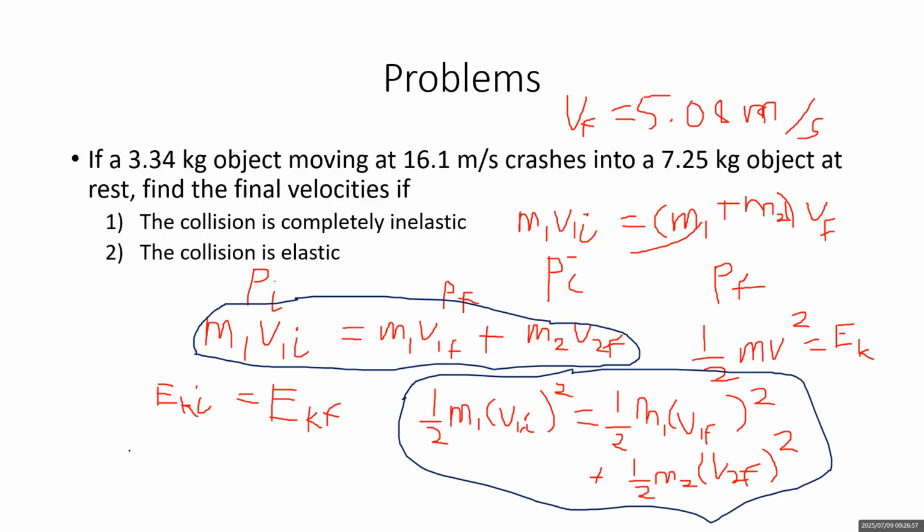When you plug the numbers in and solve for these, we have V1 final equals negative 5.94 meters per second. And V2 final equals 10.2.